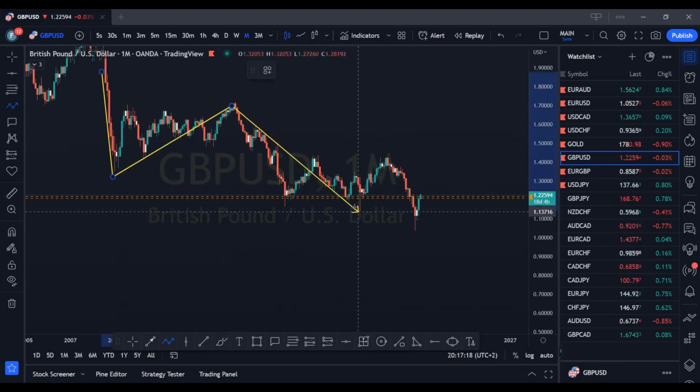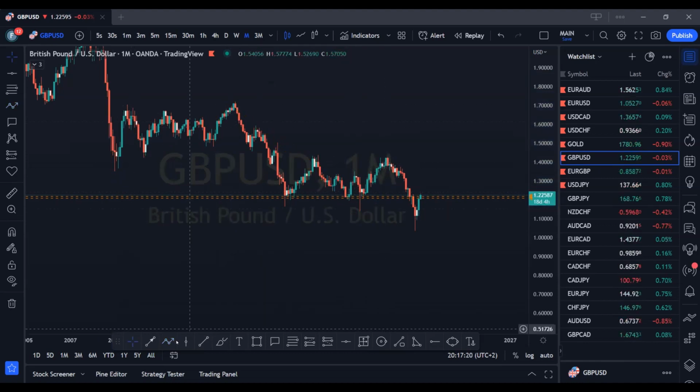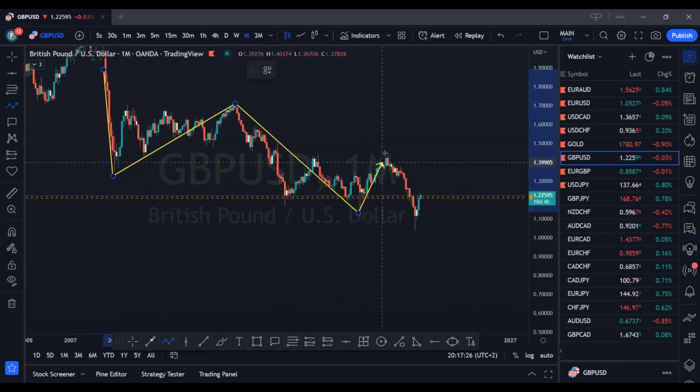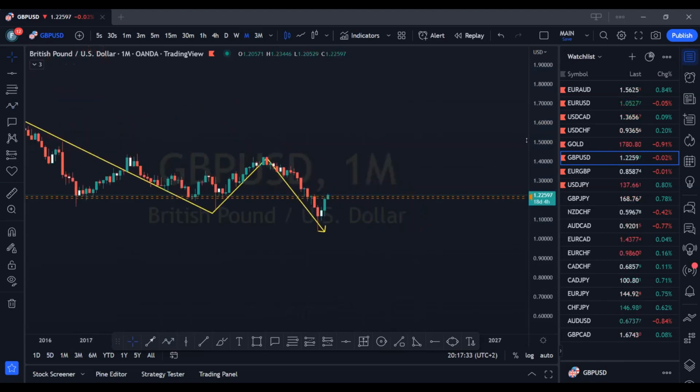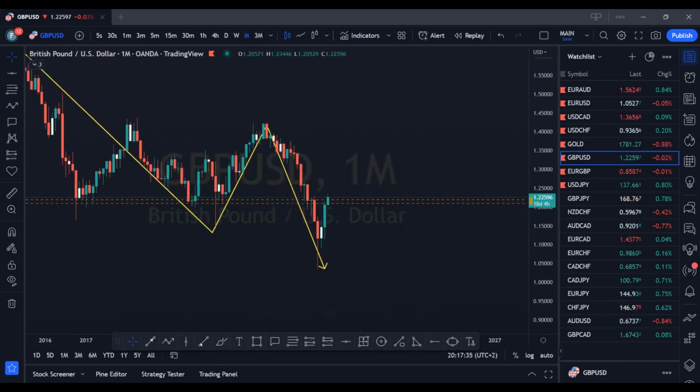I'll use this impulse, correction and then impulse. Now, if you're looking at this on the monthly, this is the breakout structure here.